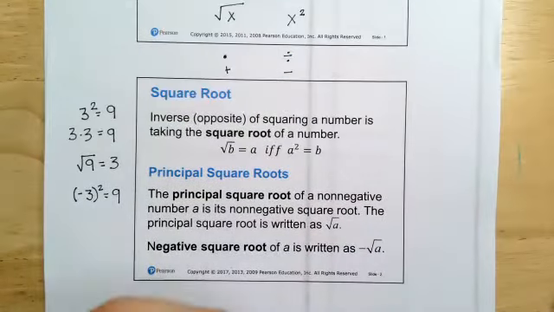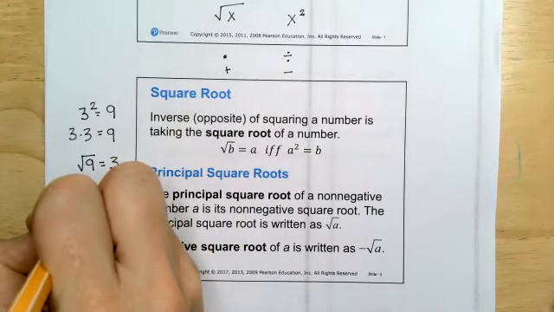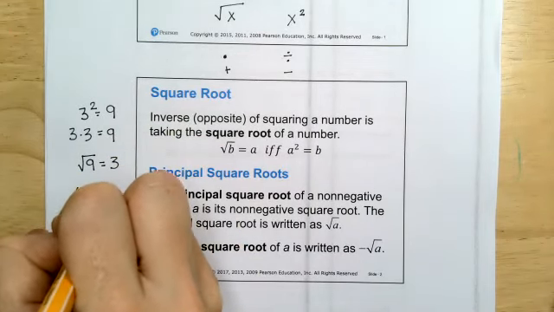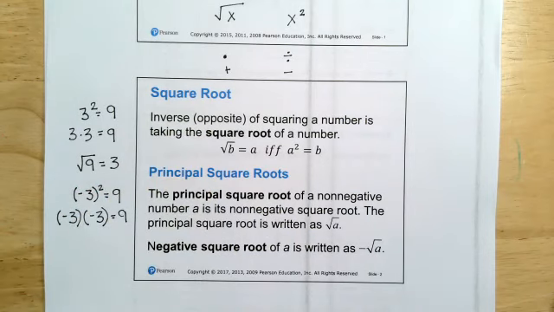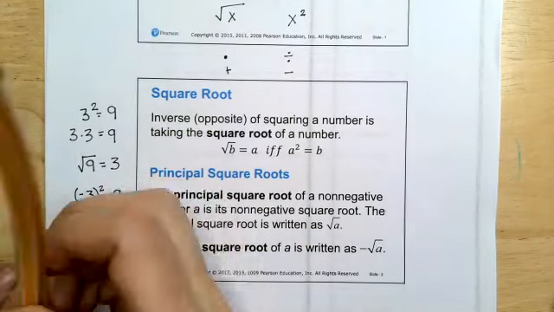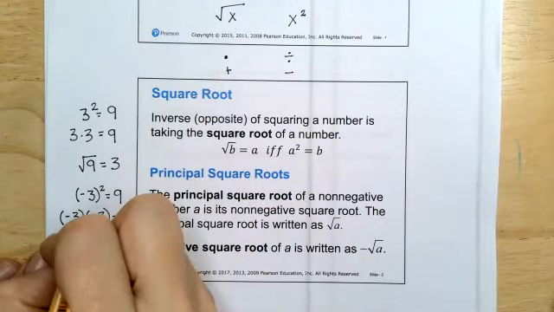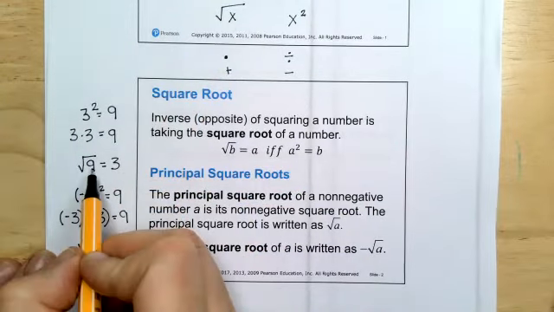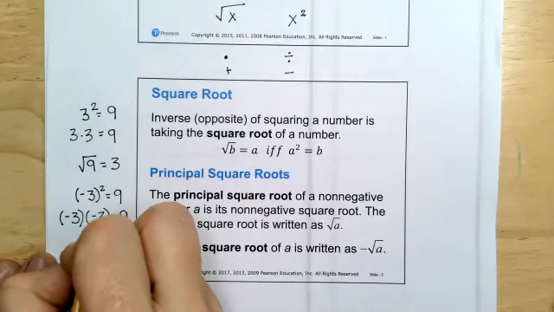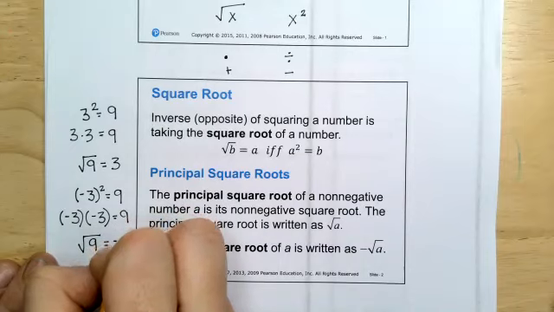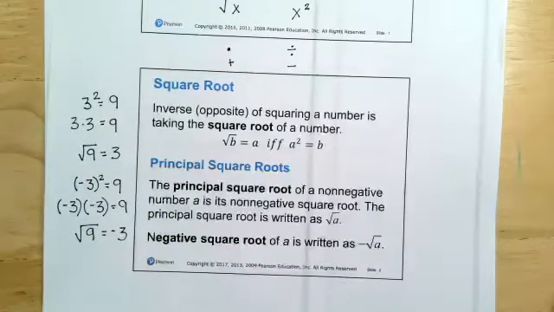Okay, because a negative times a negative becomes a positive. I know I've said that enough this semester. A negative times a negative is a positive. Good. So there are actually 2 answers. If this is true, then this is true, right? If this is true, then the square root of 9 could also be -3.